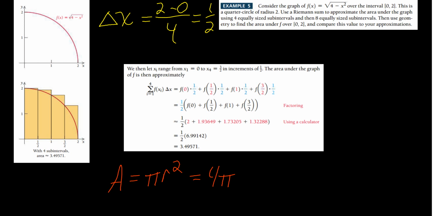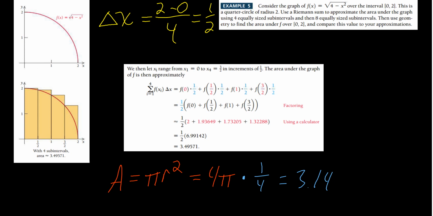Since this is just a quarter of a circle, I'm going to take the area of the entire circle and divide it by 4, or multiply by 1/4, same thing. By doing that, 4 pi divided by 4 is, oh, that's interesting, 3.1415.